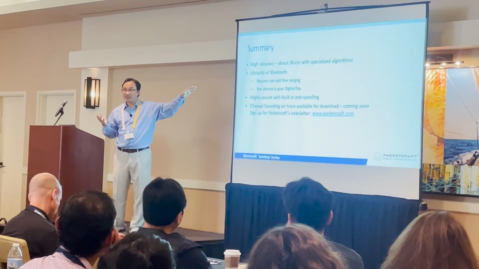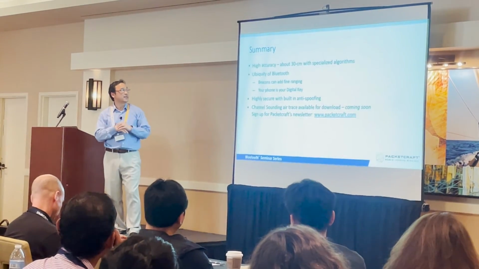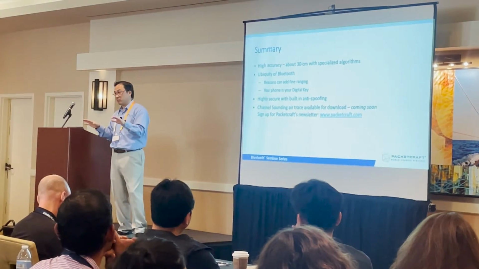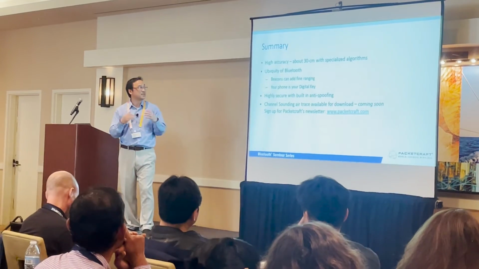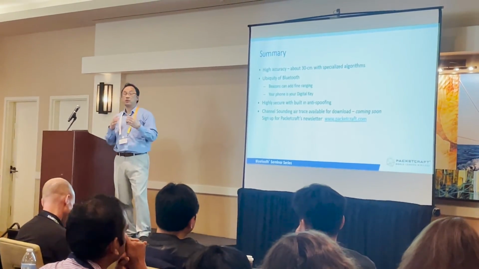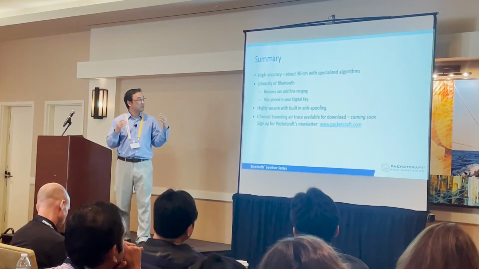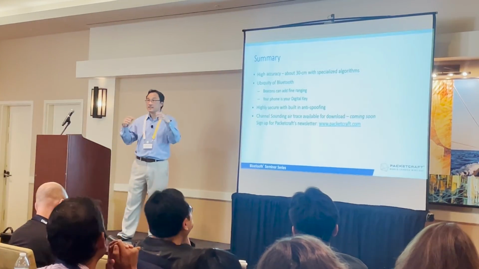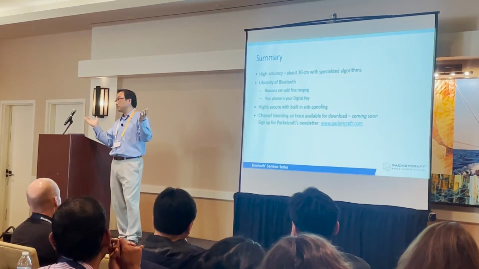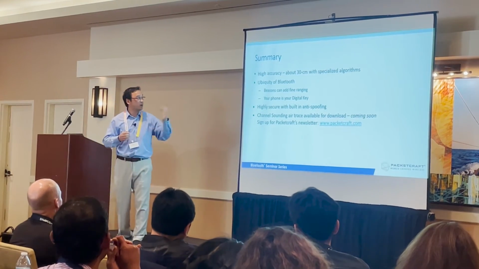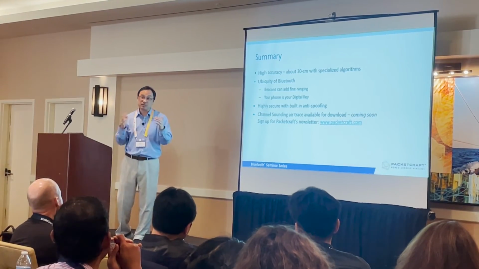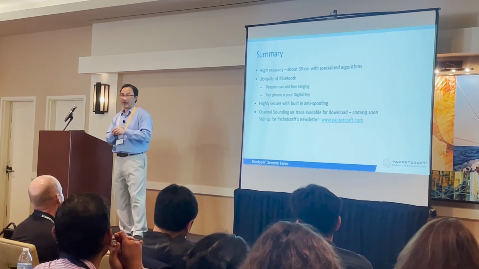High accuracy: channel sounding has accuracy of about 30 centimeters with specialized algorithms. The algorithm is important to actually calculate the accuracy. The ubiquity of Bluetooth: beacons today already do indoor positioning, but adding fine ranging to the beacons can improve that.